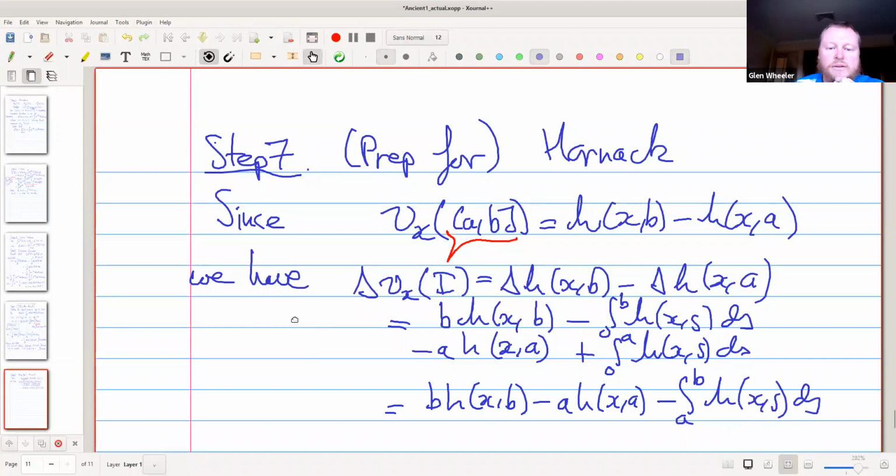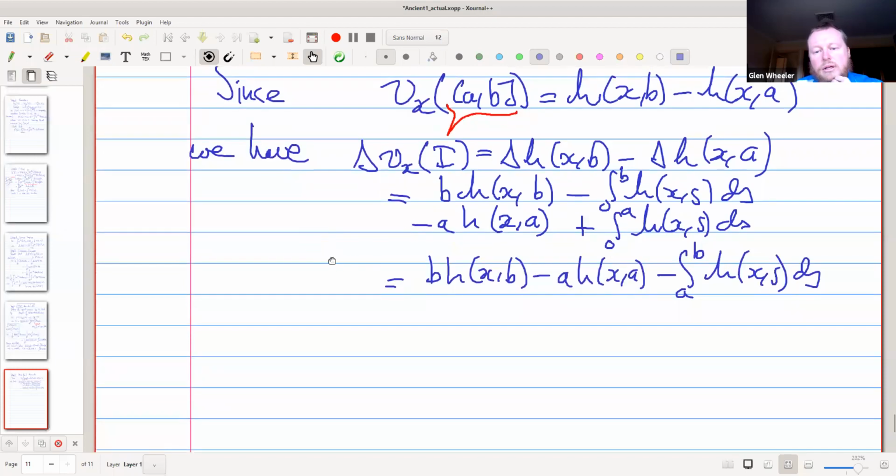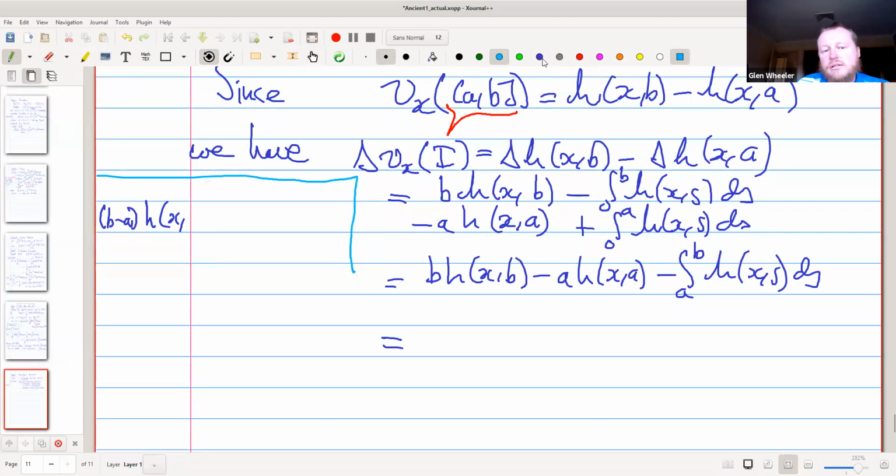And all right, cool. So we want to estimate this from above and below. All right. So the first thing we do is, okay, so we can add and subtract the integral of h of x and a from a to b, right? So b minus a times h at x and a. This is again sort of scratch calculation.